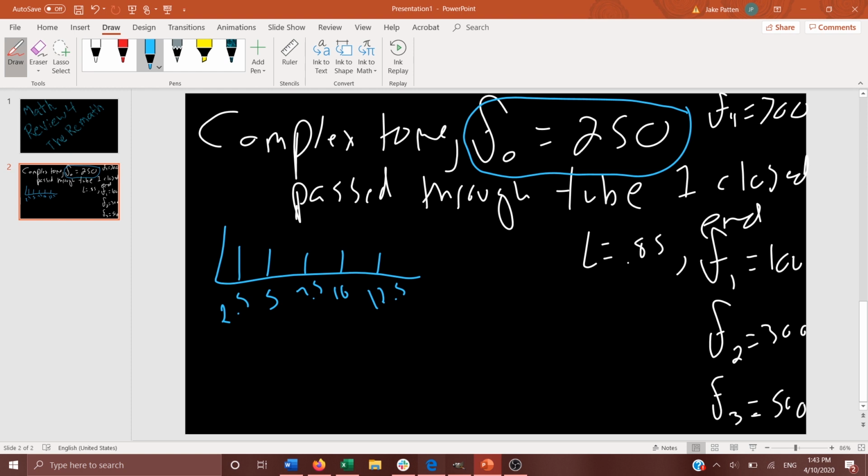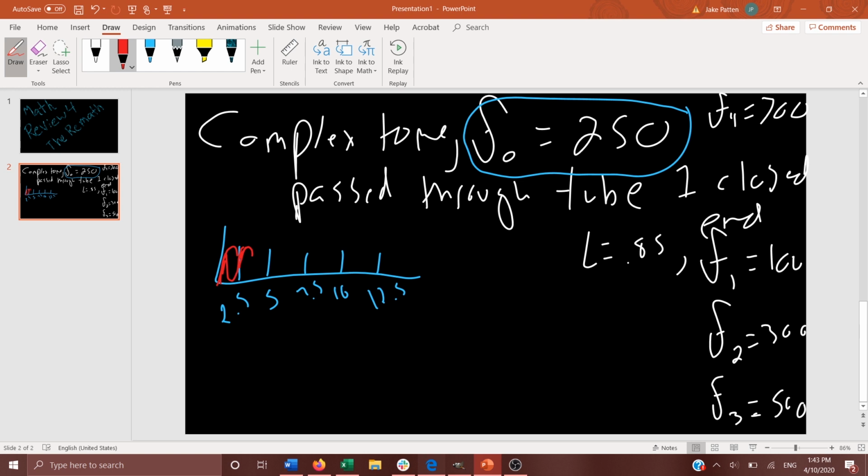Now we're going to pass it through this filter. And what I like to do is I like to draw the filter over this. So our first resonant frequency is at 100, which is down here. And the next one is going to be at 300, which is about here.